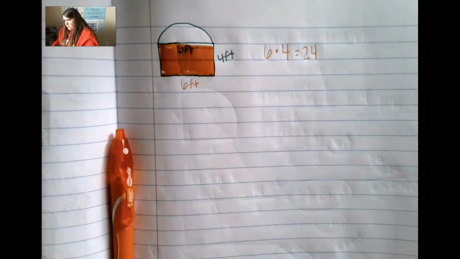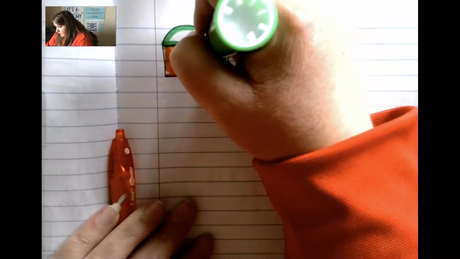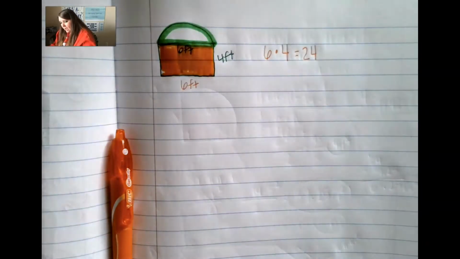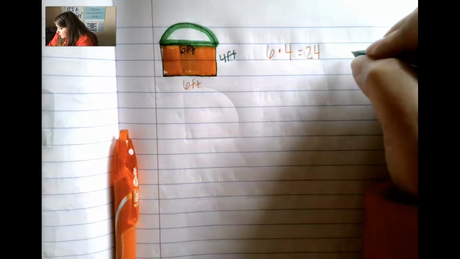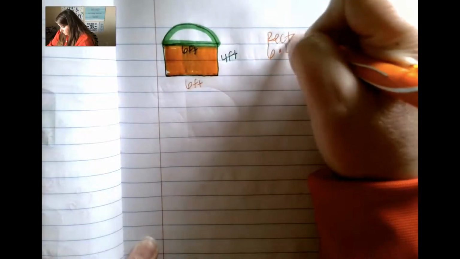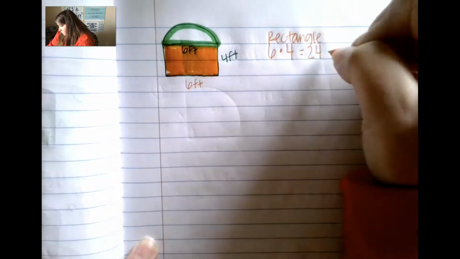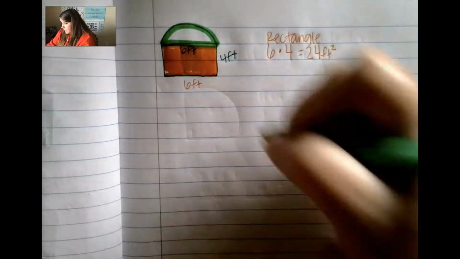But I need to also worry about the top of this basketball court. And so I have 6 as my diameter. So this is my rectangle. It's 24 feet squared. But I care about this semicircle now.